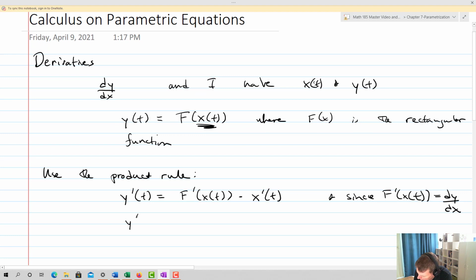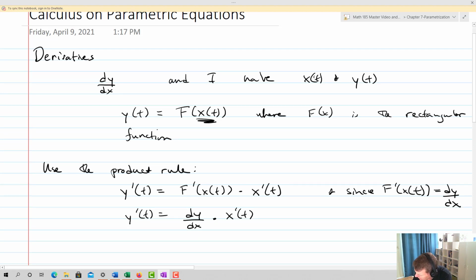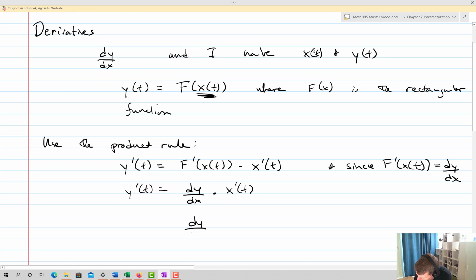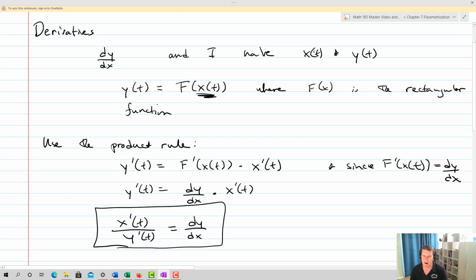So we'll get y prime of t equals dy/dx times x prime of t. And so dy/dx, the derivative I'm looking for here, is going to equal simply y prime of t over x prime of t. And that's our derivative. So if x of t and y of t are parametric equations, then dy/dx is going to end up being y prime of t over x prime of t.